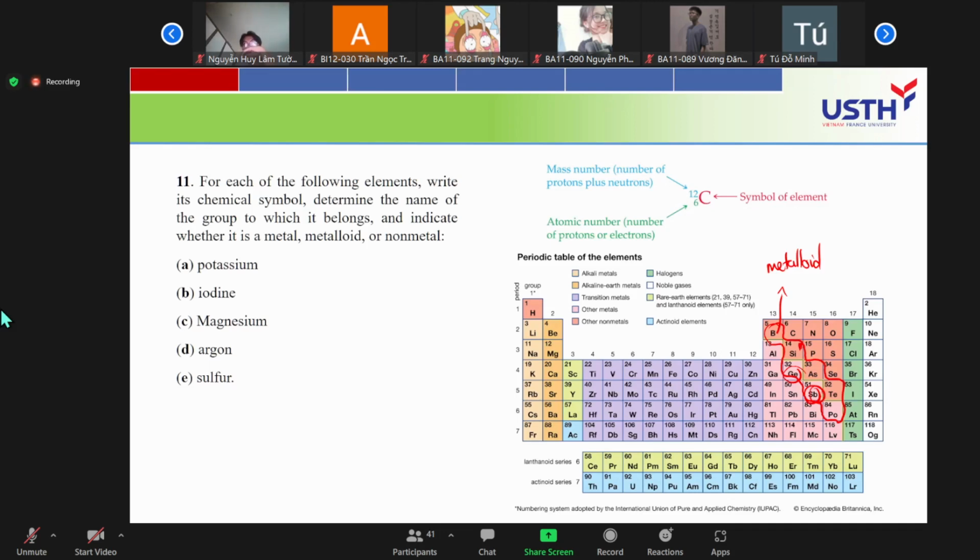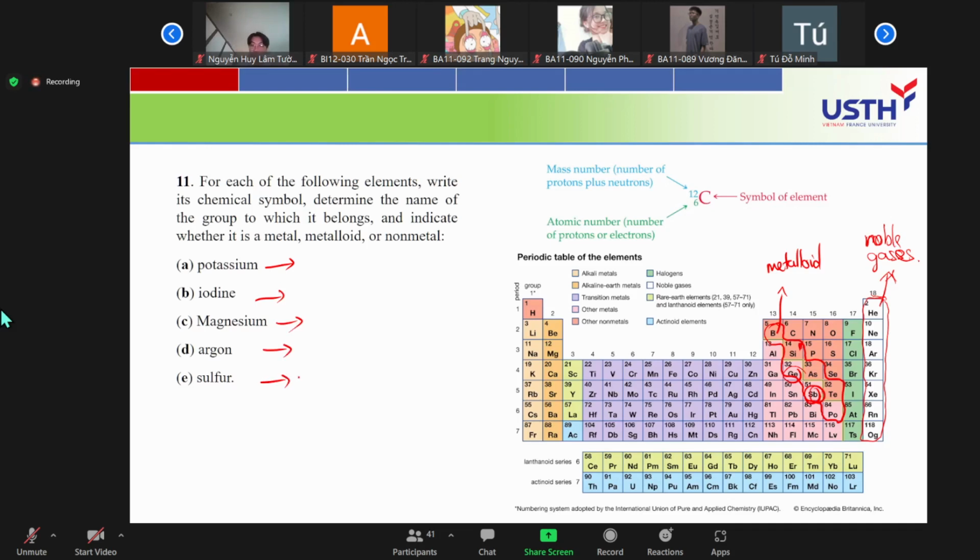Okay, you have also the last one like this. The last column here is namely noble gas. So based on that, you have to define this one, this one, this one, this one, and this one.